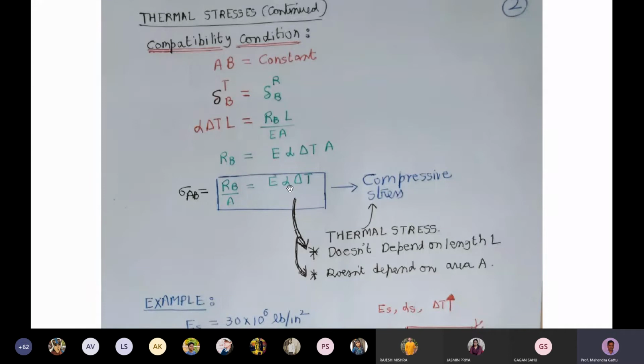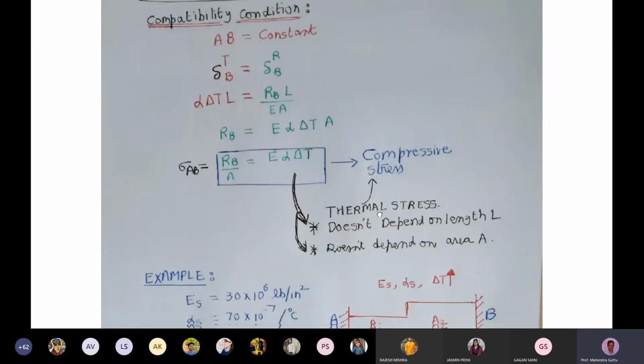If you look carefully here, this compressive stress is an internal stress, and this is produced due to the temperature rise. And since the bar was not allowed to expand, this stress was produced. We call this thermal stress.